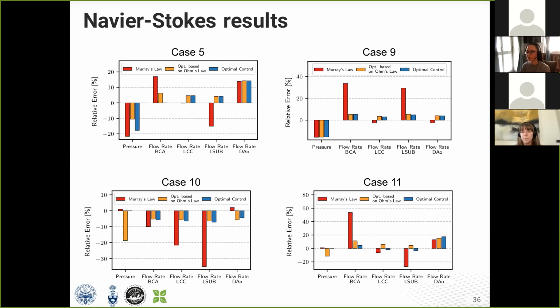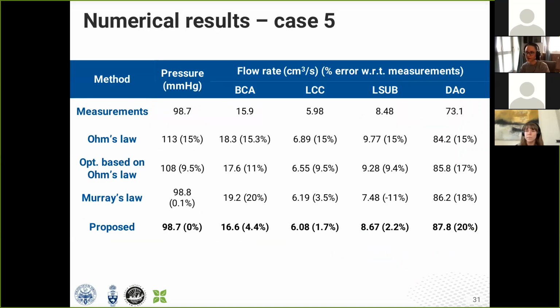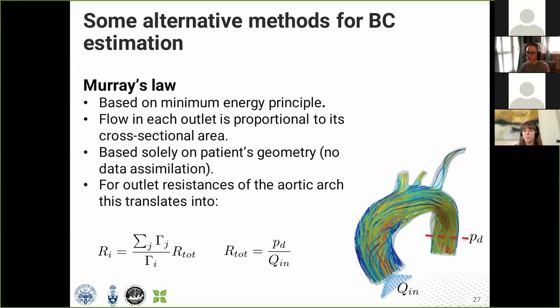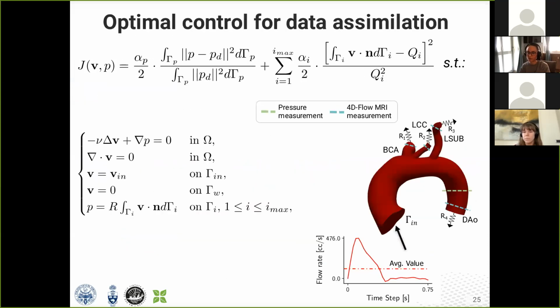Yeah, for the experiments that we did, we didn't have a problem of multiple solutions. It seems that there was only one solution that can accommodate all our measurements. But about the uniqueness of optimal control solutions, I'm not super confident on that.